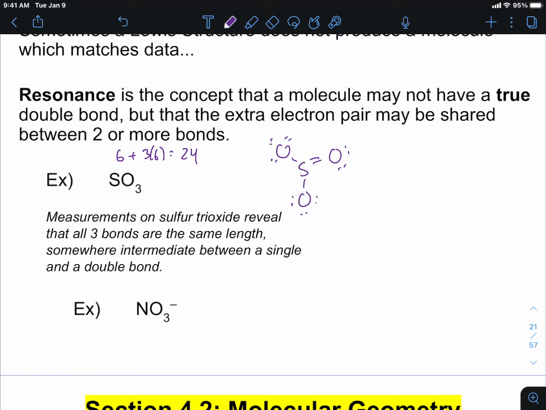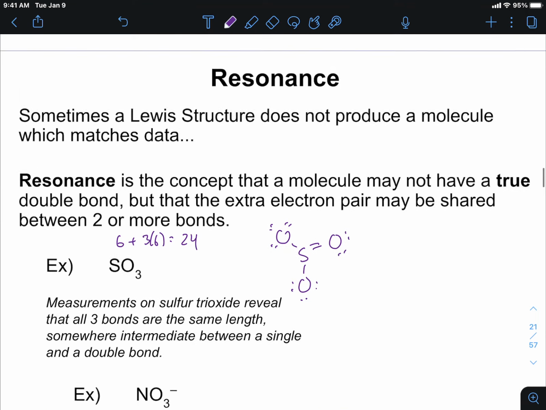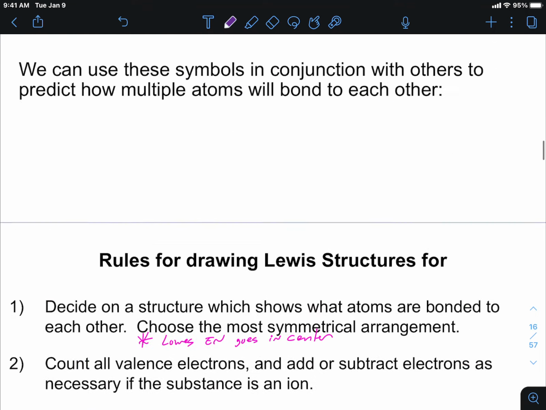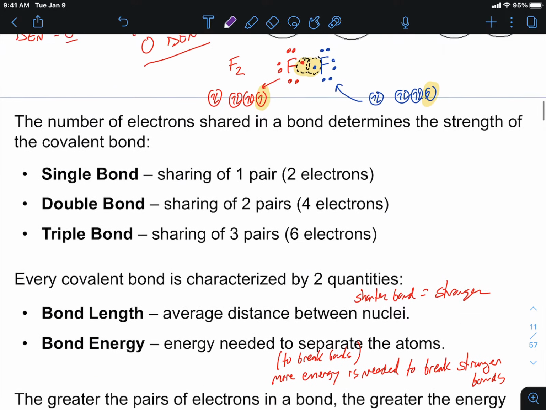This Lewis diagram shows a double bond, and it shows 2 single bonds. Now, the thing is, double bonds and single bonds are not the same length. Right? A double bond, and I'm going to zoom back to our notes, something we haven't covered yet. We kind of skipped over it. I'm going to go to where it says bond length. Here we go.